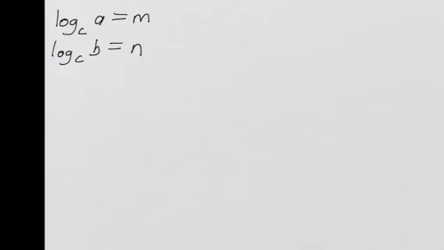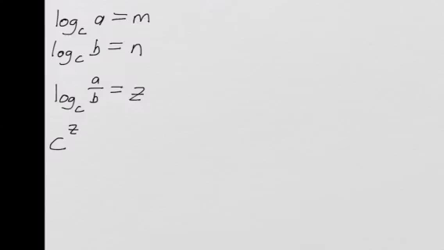The quotient rule, we're going to start with the same idea, that log base c of a is equal to m, and log base c of b is equal to n. And now we're going to take a look at log base c of a over b, and we're going to let that equal z. So now, same thing, we'll use the definition of the logarithm.